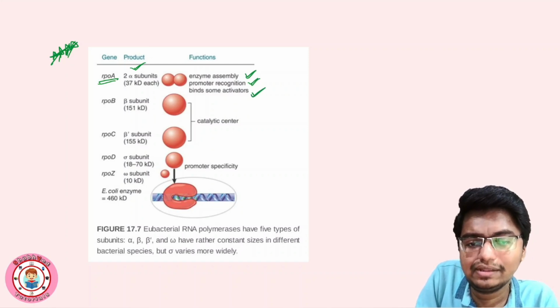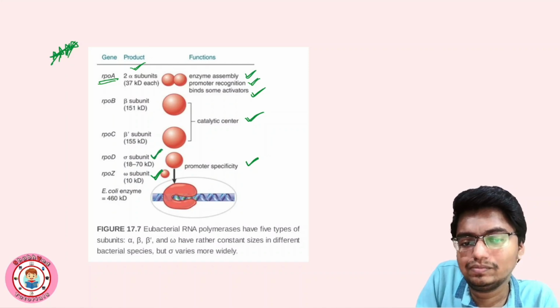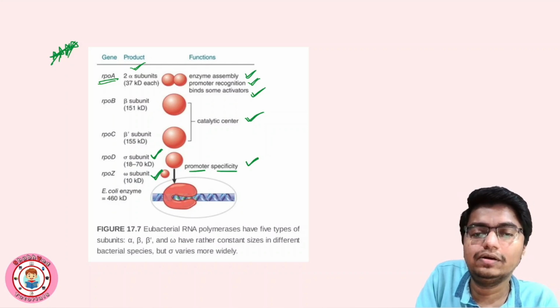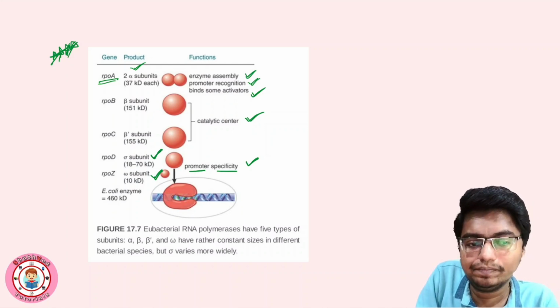Beta and beta dash subunits form the catalytic center. Sigma factor gives promoter specificity, and the omega subunit helps the sigma subunit to bind the promoter.